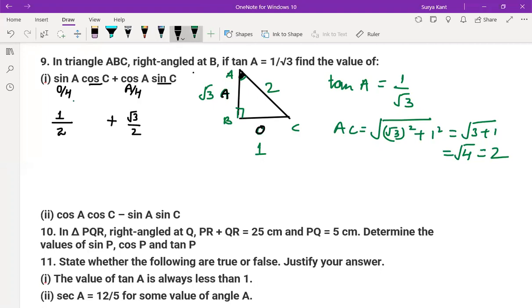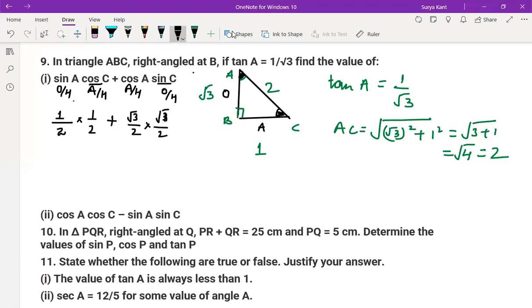Now just erasing this part. This A and O I'm erasing here because this is going to change. This is sin C now and cos C. So this becomes O and this becomes A. So cos C is nothing but A by H, and this is O by H. So A by H is nothing but 1 divided by 2, and this is root 3 divided by 2.